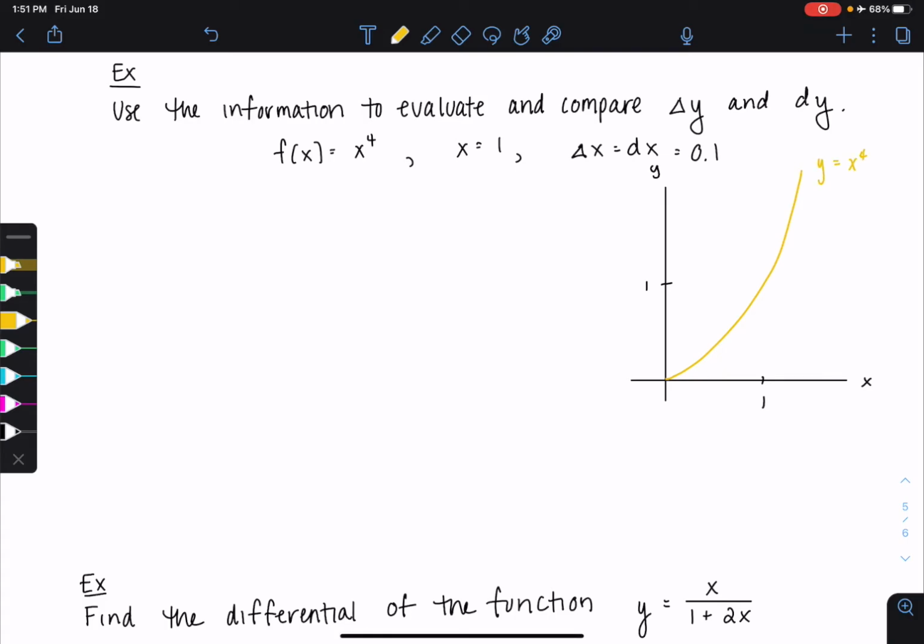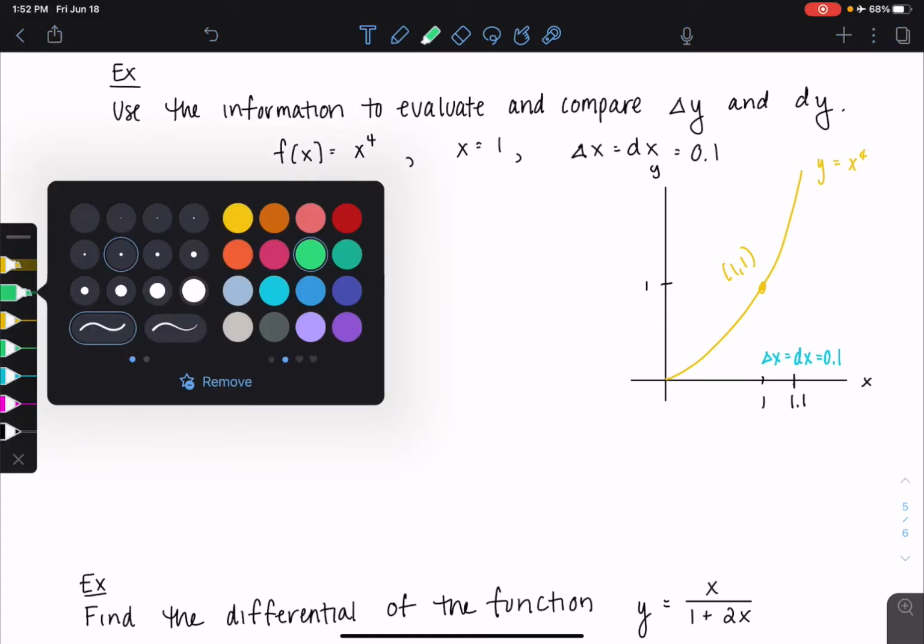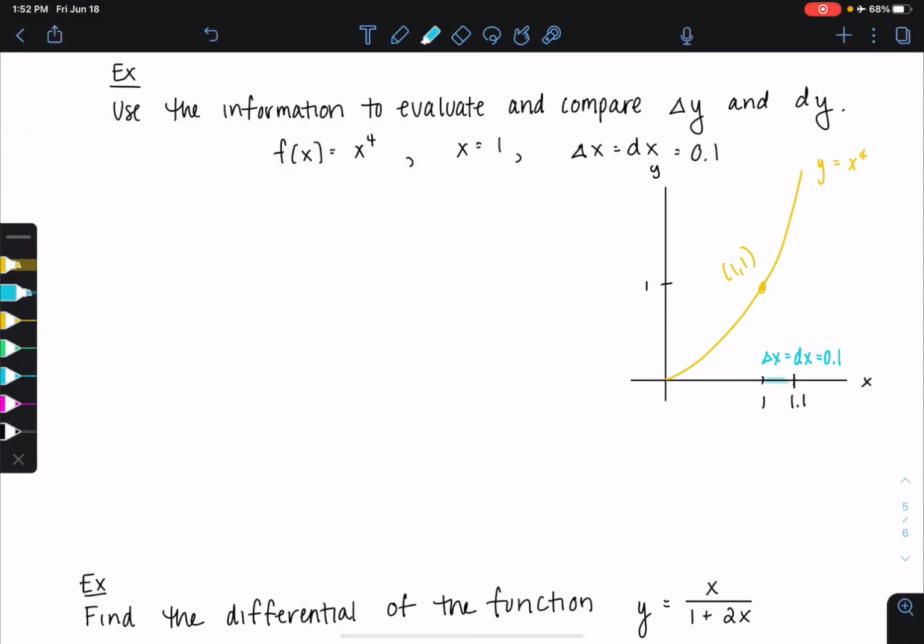So this point here would be 1, 1. My change in x is 0.1, so this would be 1.1 that I go over. So this is delta x, which is dx. It is 0.1, the distance between these x values.